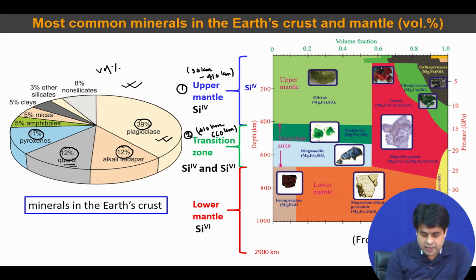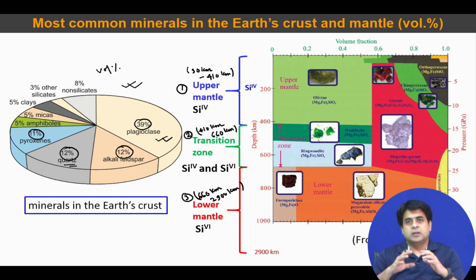Then you have the third, bottom layer, known as the lower mantle, which starts from 660 kilometers to 2900 kilometers. So, broadly, the mantle is divided into three parts: the upper mantle, the middle part, the transition zone, and the third part, the lower mantle.